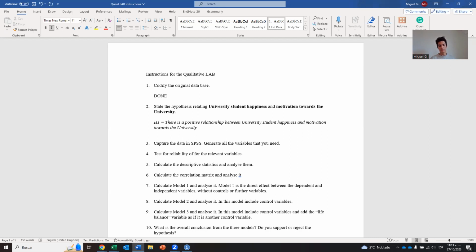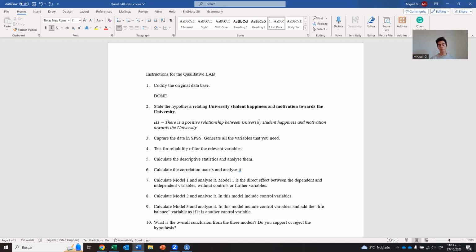And that's fine. So this is just for the lab, because remember, when you write your thesis, you need to have at least one page discussing everything that the literature knows, and then this hypothesis is kind of the conclusion of that. So all of these papers discuss motivation and happiness in different contexts.